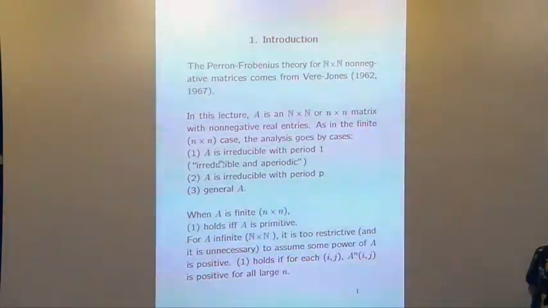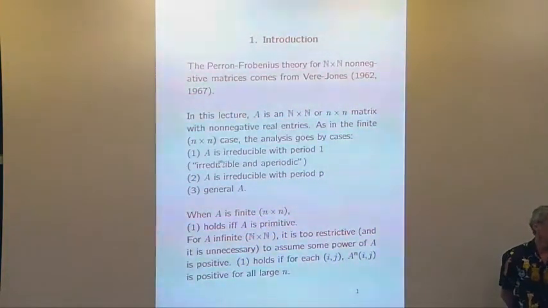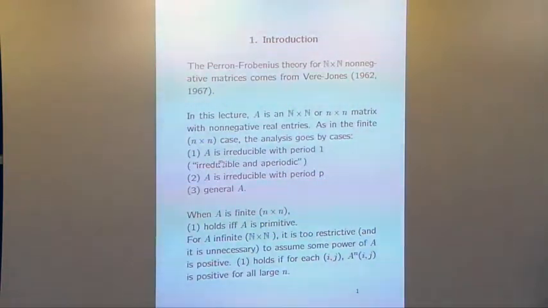Well, case 1, A is irreducible with period 1. Those statements mean the same thing as in the finite case. For every entry of the matrix, there's some power of the matrix which makes it positive. That's what irreducibility is. Period 1 is that the greatest common divisor of the traces of the powers which have positive trace is equal to 1.